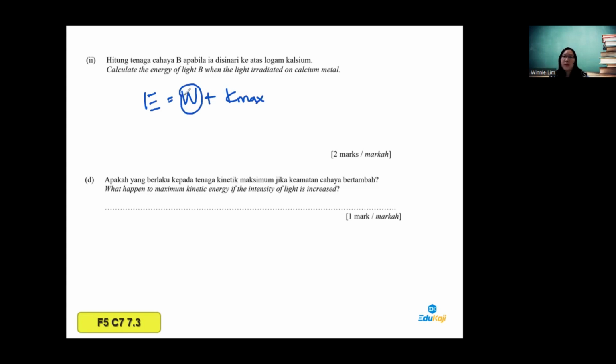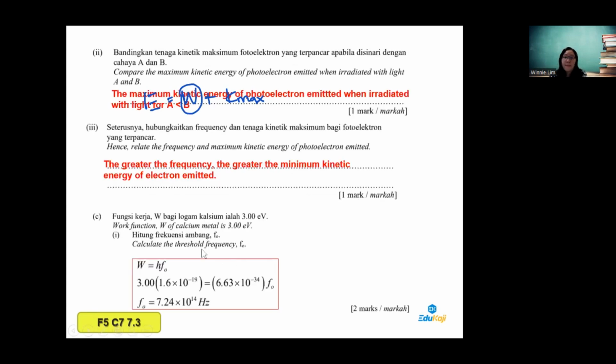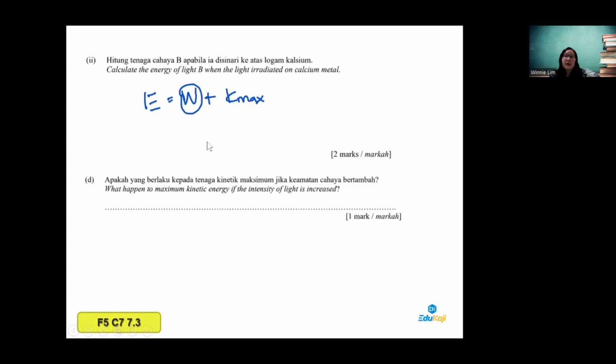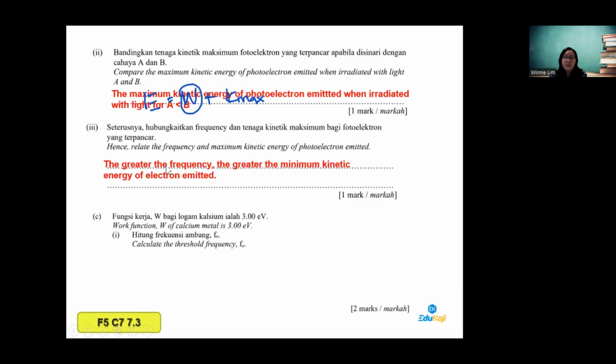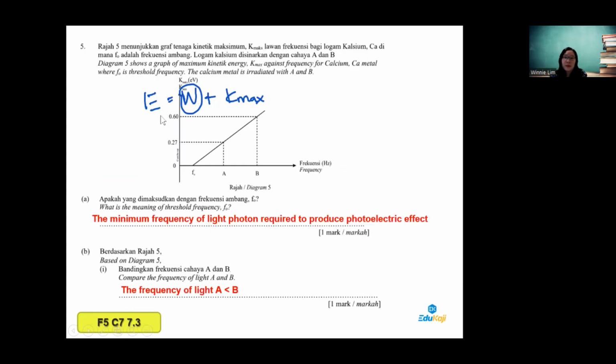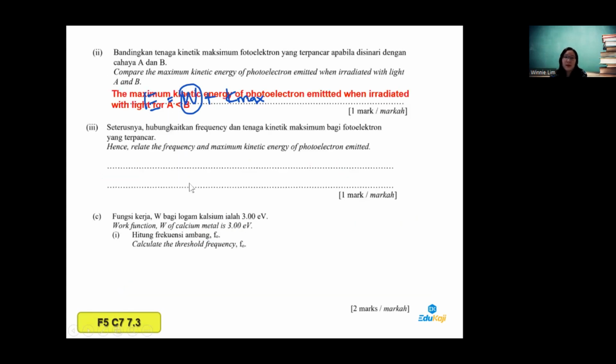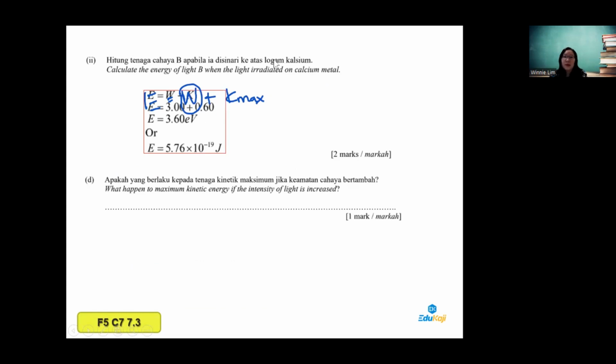You already have the work function, so this is fixed already. Same thing, later on you have to change to joule. Then next, what is the K max? K max is from the graph. This one, 0.6 eV. So you can have everything in terms of electron volt.